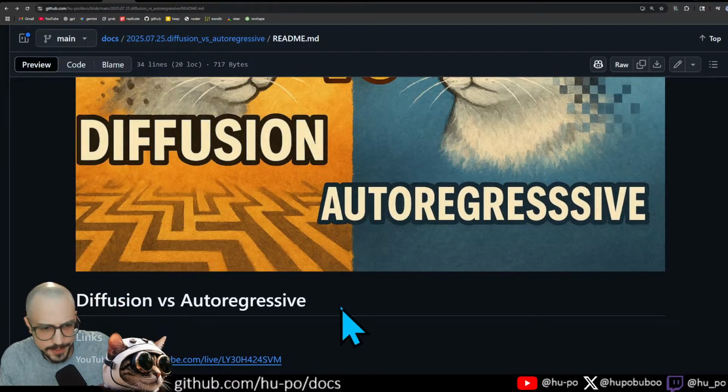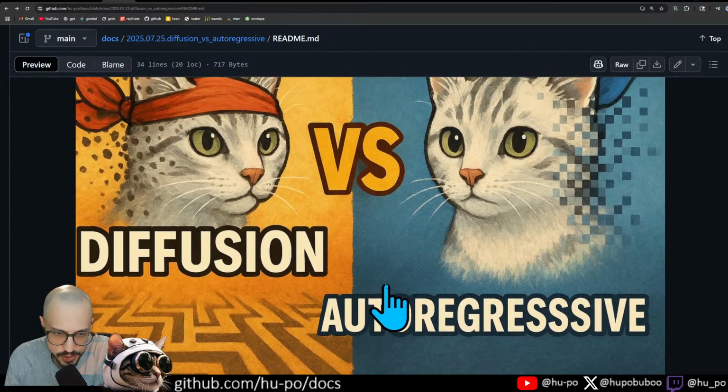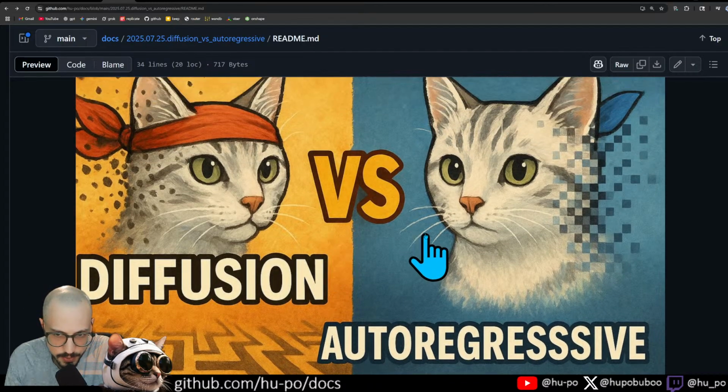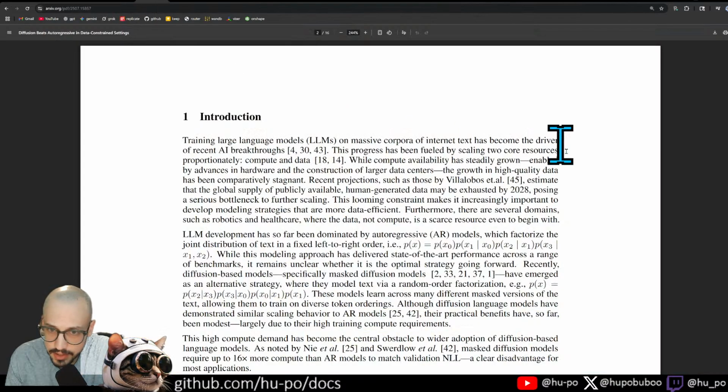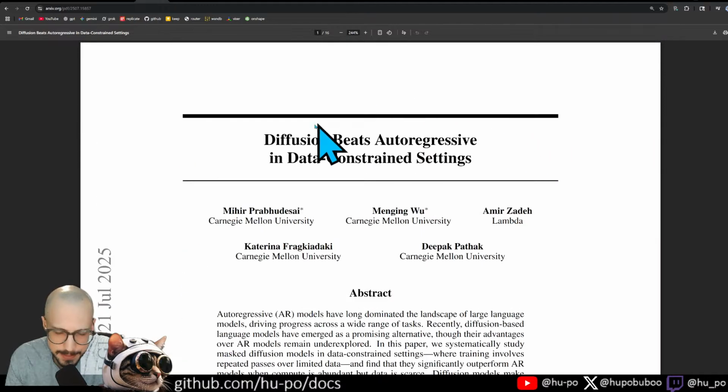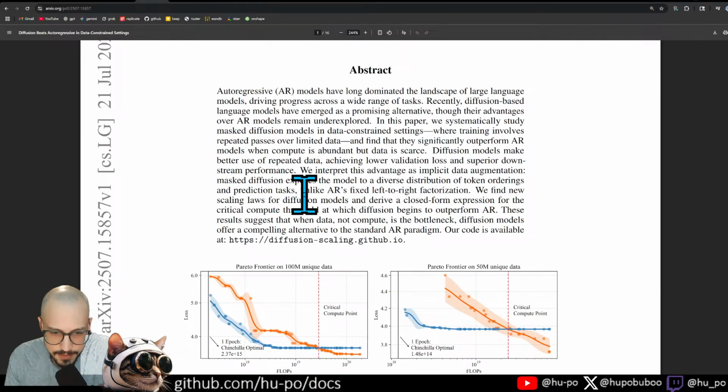Let's do a quick summary. So today's stream was called Diffusion versus Autoregressive. And the central part of this stream was this paper here: Diffusion beats autoregressive in data-constrained settings. It's a Carnegie Mellon paper, kind of like a scaling law paper, right?